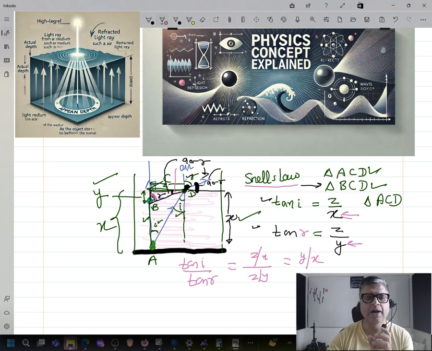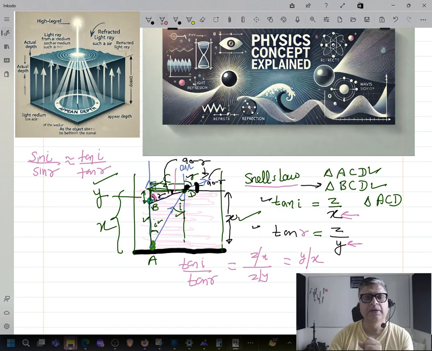Now Snell's law is all sine i upon sine r. So we can also write sine i upon sine r as approximately equal to tan i upon tan r.